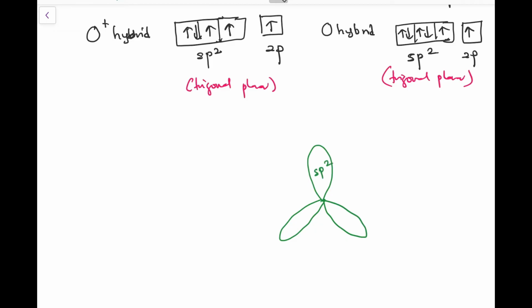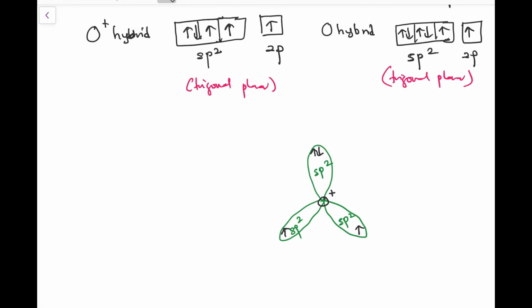This is sp2, this is sp2, this is sp2, and it represents O positive. We have a lone pair. Maybe I can put the lone pair here, and we have 2. This is oxygen number 2.